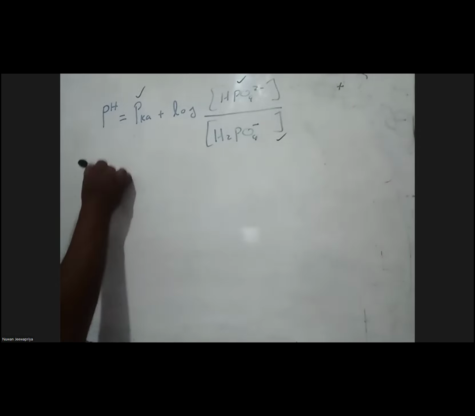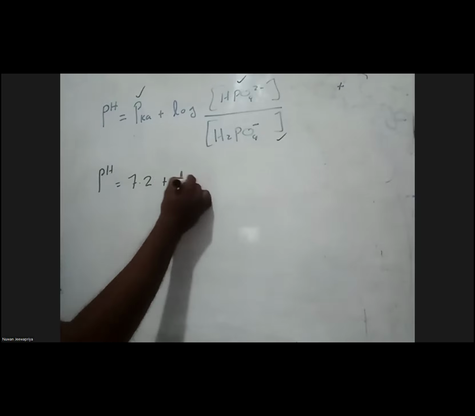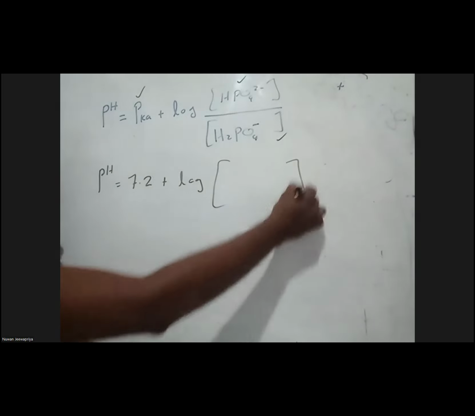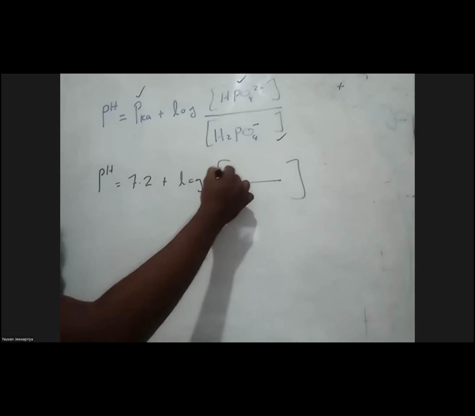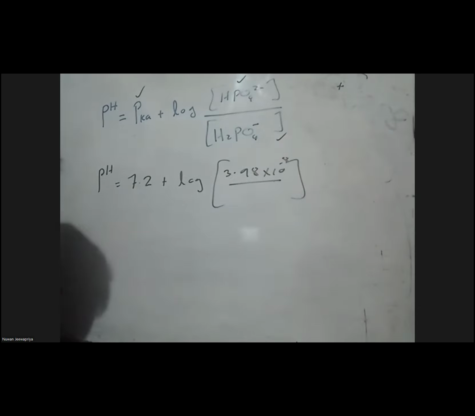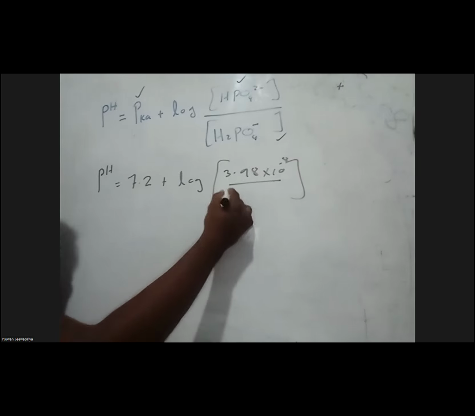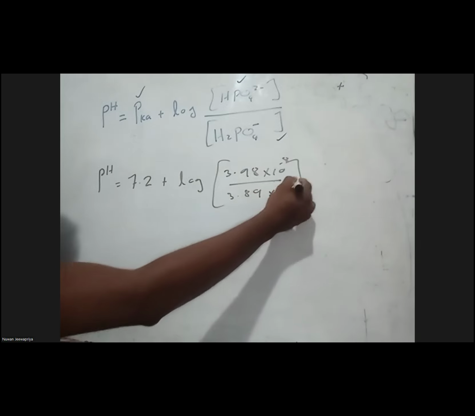That's very easy, so we have to find the pH directly. pH is equal to the pKa value printed in the paper, 7.2, plus log of, in the numerator, HPO4 2 minus, its concentration is 3.98 into 10 to the power minus 8, and then H2PO4 minus, its concentration is 3.89 into 10 to the power minus 7.